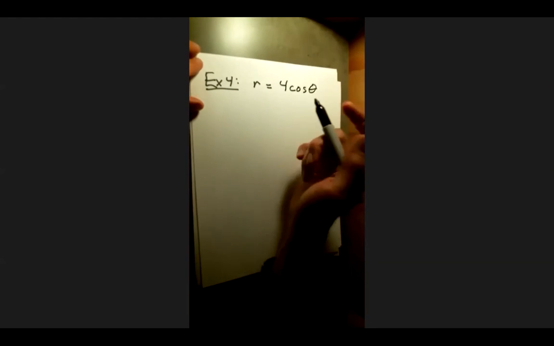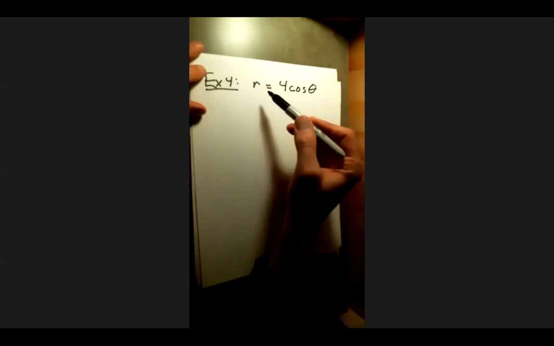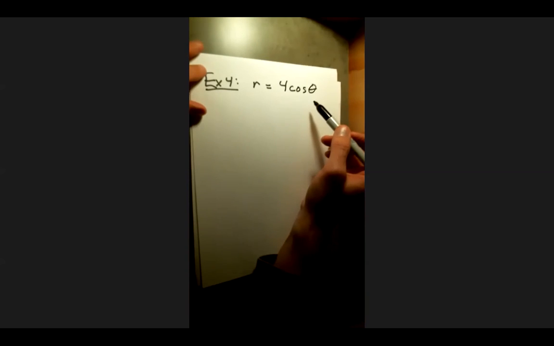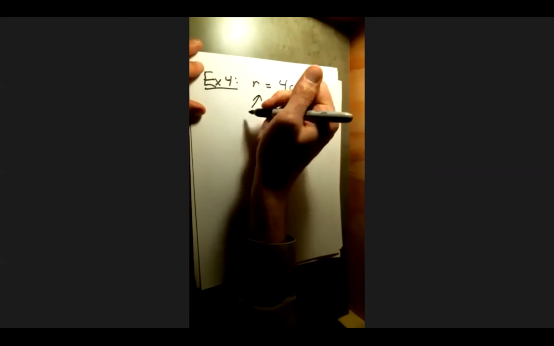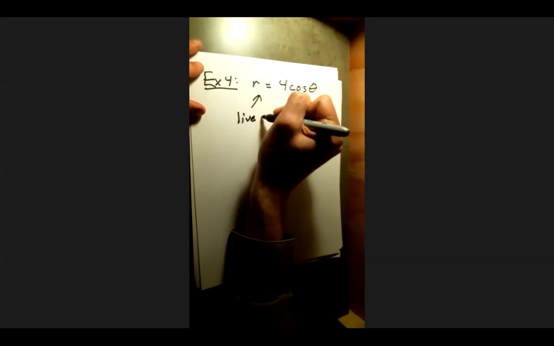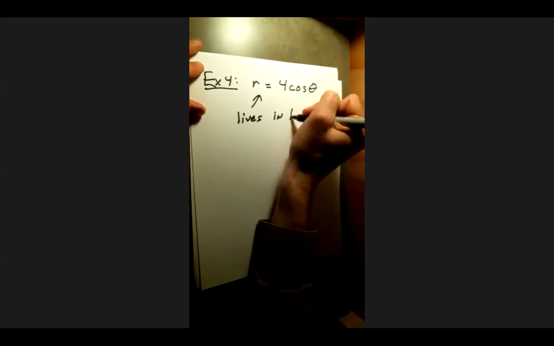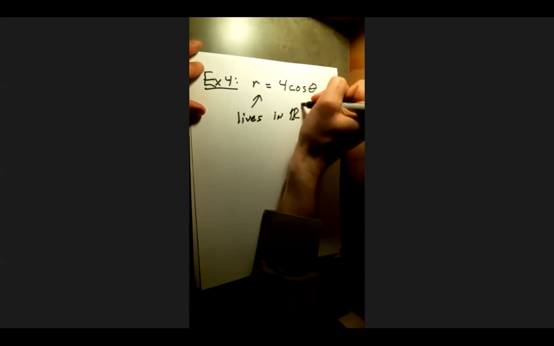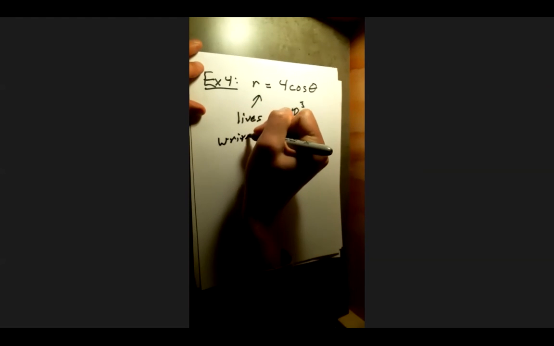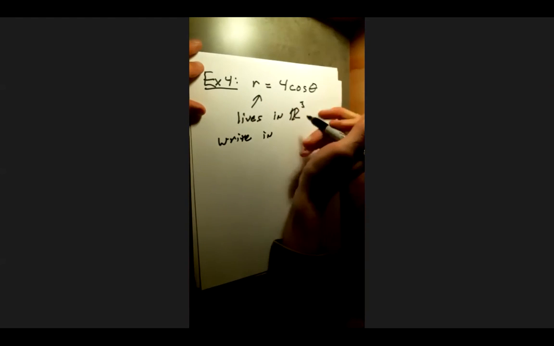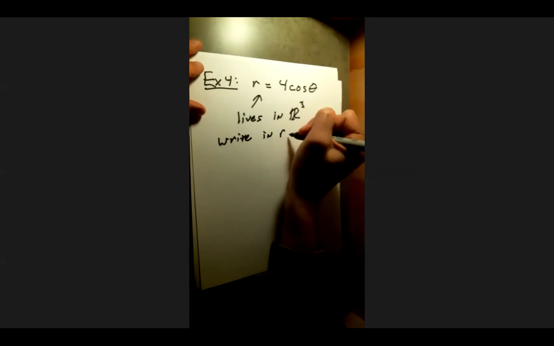Very good. We could go the other direction. At first glance, you might say, boy, that looks like a polar formula. There are no z's involved, but perhaps we could just say this thing lives in 3D, and we want to write it in Cartesian or rectangular coordinates.